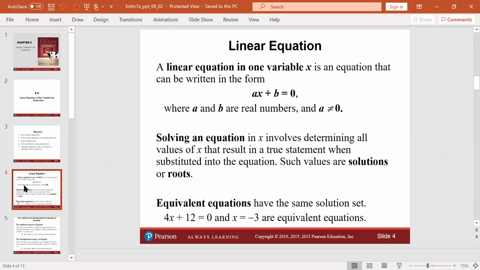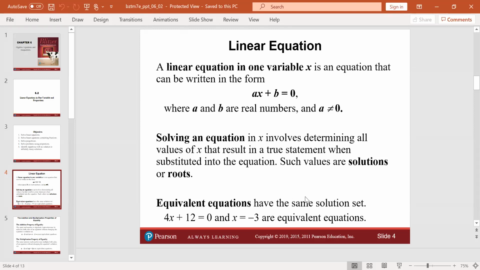But solving an equation means isolating the variable and figuring out what numbers I could have substituted into the equation at the beginning. What could I have substituted in for the variable and made a true statement out of it? That's all solving an equation is. We use certain methods to get to that. That's our end game.